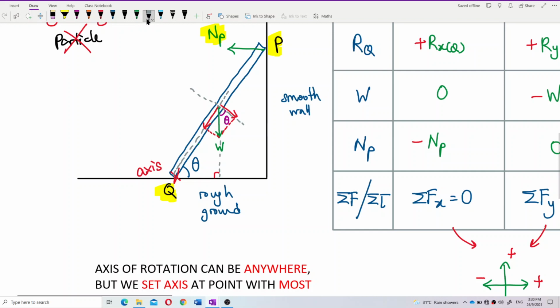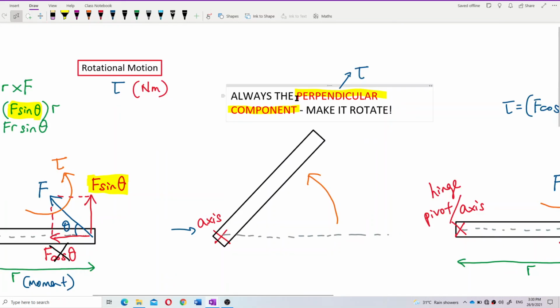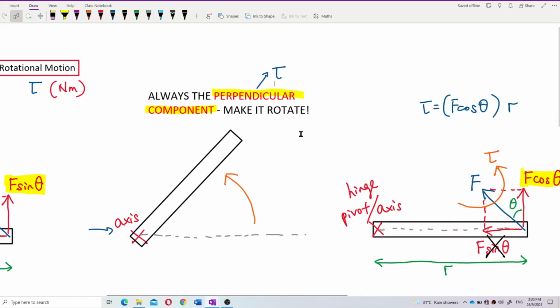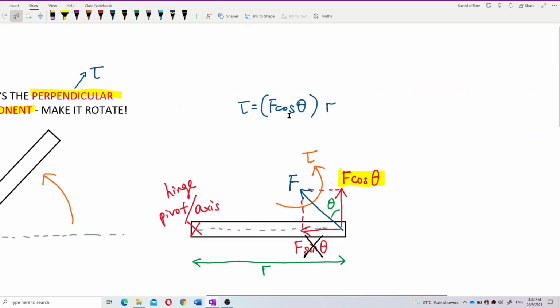You see the angle theta is not in between the weight and the distance r. So that's why I say for torque it's not always F sine theta. It can be F cos theta, because if the angle theta is not in between the F and the r, it becomes F cos theta.